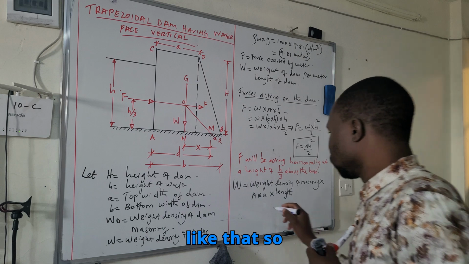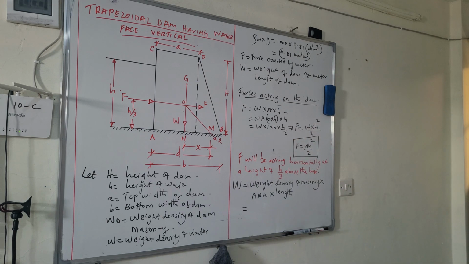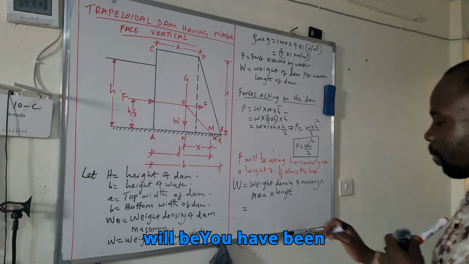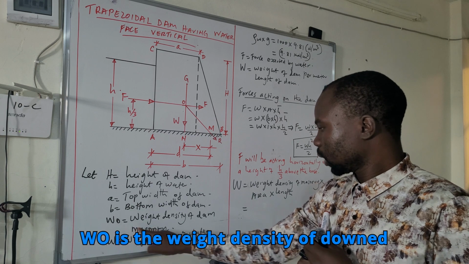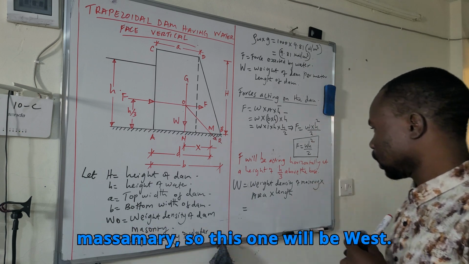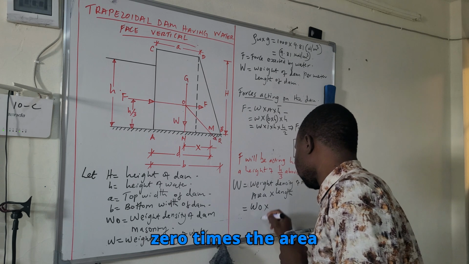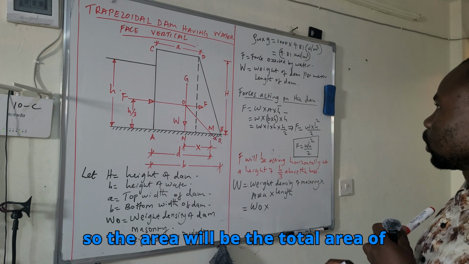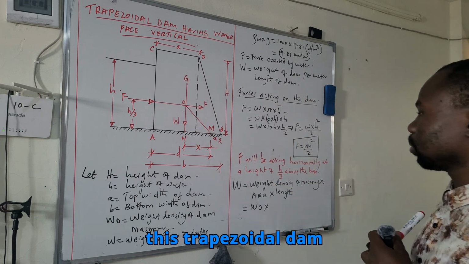We said earlier that W0 is the weight density of dam masonry. So this will be W0 times the area, which is the total area of this trapezoidal dam.